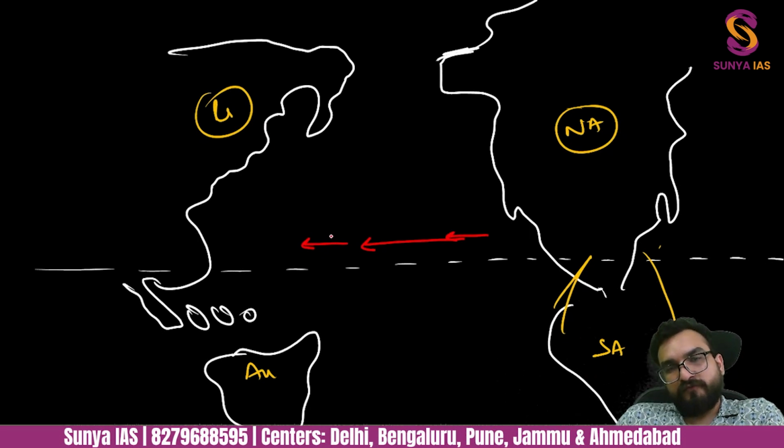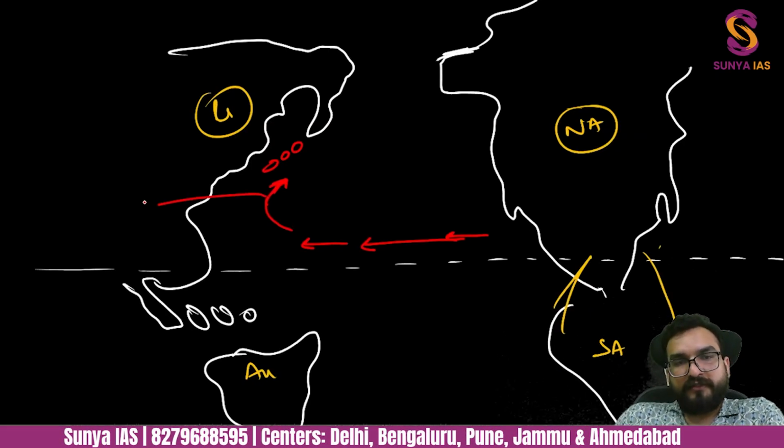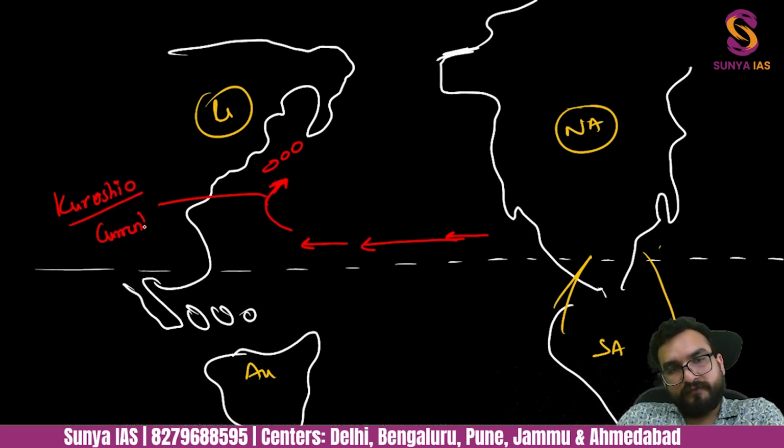So when it flows in the regions of this Japan area, it will be known as the Kuroshio current. Let me write it. Kuroshio current. Then again, this warm current will be going like this, and it will be named the North Pacific current.